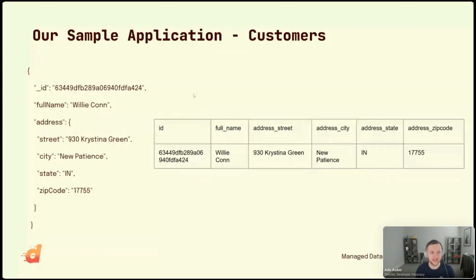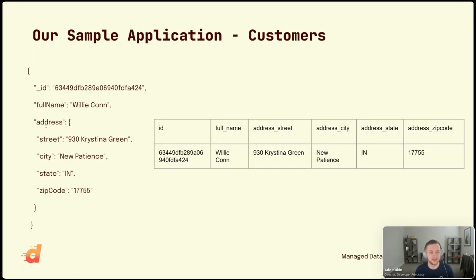You have key value pairs for the various fields or attributes in your document. In MongoDB, rows are essentially called documents, and within each of the documents, we have fields. So we have the full name field for this customer, Willie.